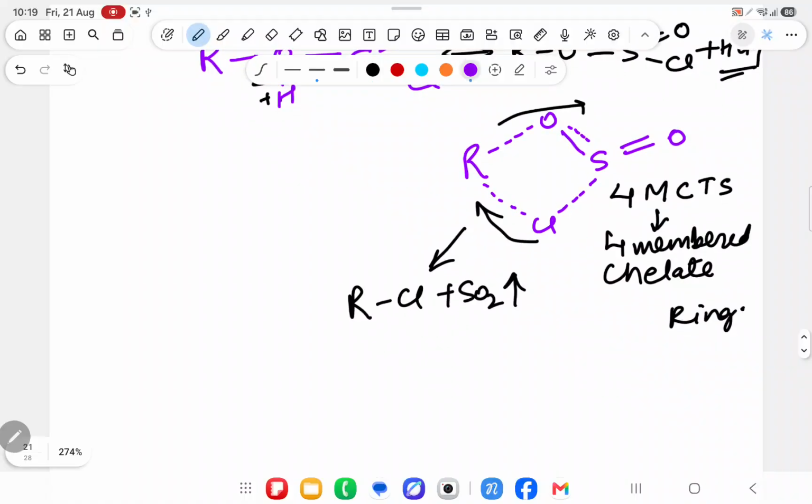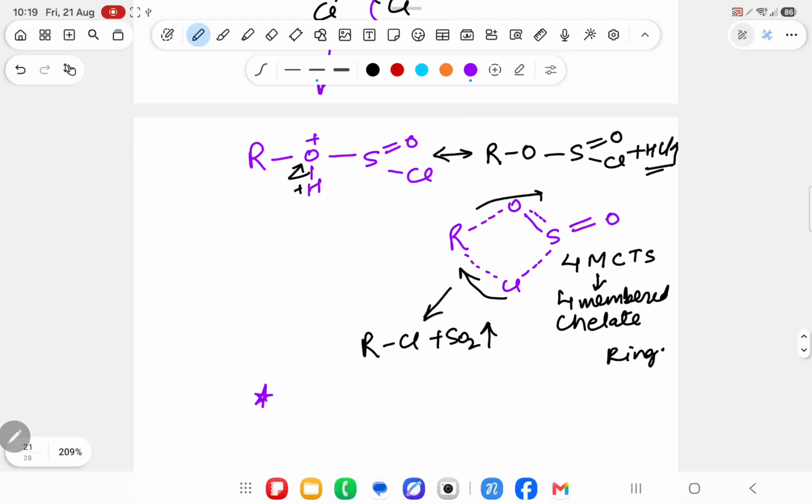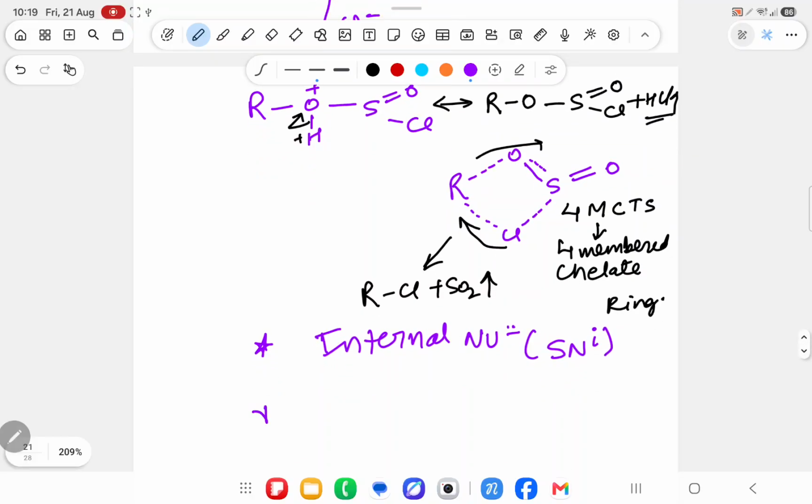So if you see what is happening, everything happens inside. So it is known as internal nucleophile. And whenever internal nucleophile is there, it will follow SNi, intramolecular nucleophilic substitution, and intra will do retention, not inversion.